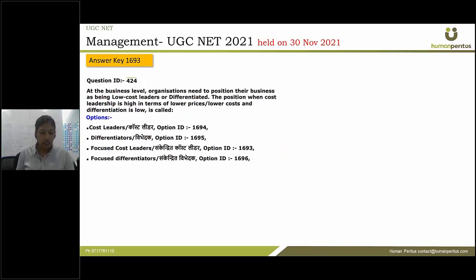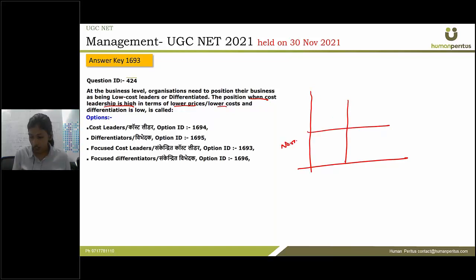Okay, so let's start with this question. It says that at the business level, organizations need to position their business as being low-cost leaders or differentiated. The position when cost leadership is high in terms of lower prices or lower cost and differentiation is low is called. Now this can be understood with the diagram: we can have either a narrow target market or a broad target market, and either low cost of production or high cost of production.